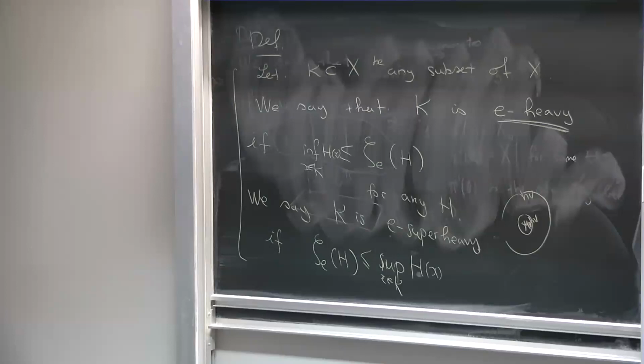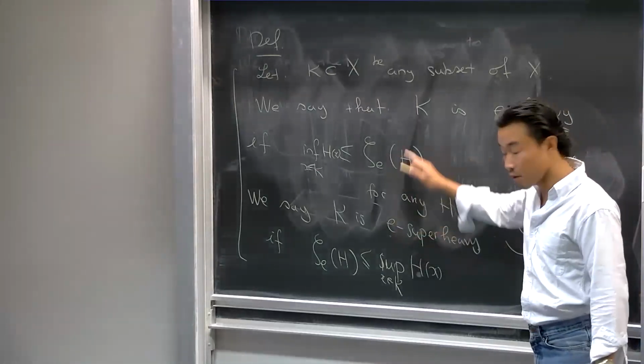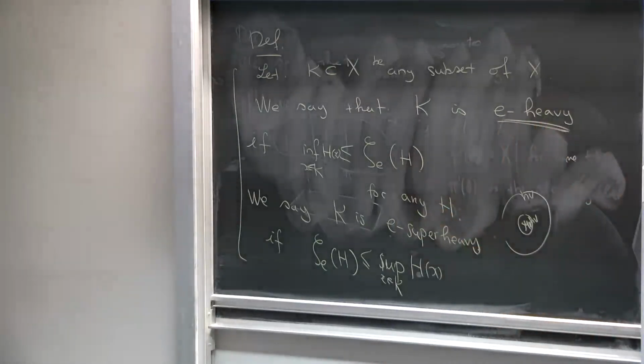Suppose you have two disjoint subsets K1 and K2, and let's suppose they're both E super heavy, and I'm going to get a contradiction. This has to hold for any Hamiltonian. So I'm going to take a Hamiltonian that takes value 100 on K1, and that takes value 0 on K2. And then I'm going to study the value of zeta E with respect to H.